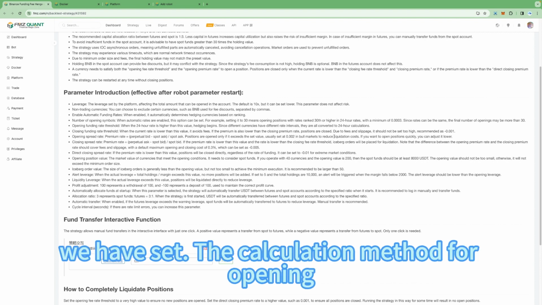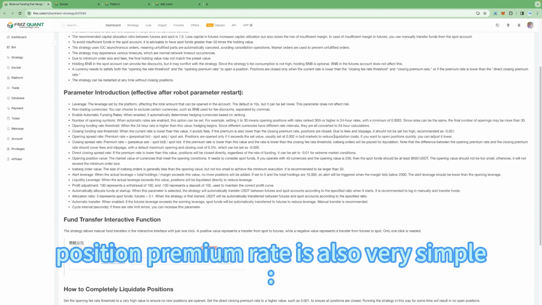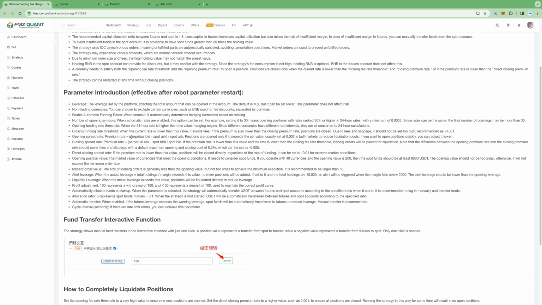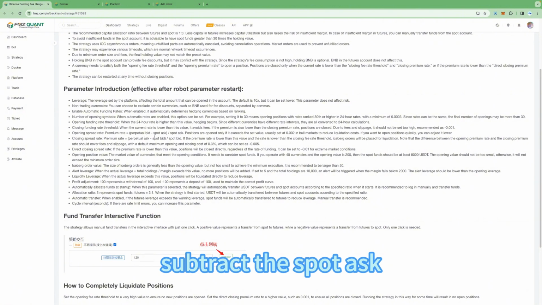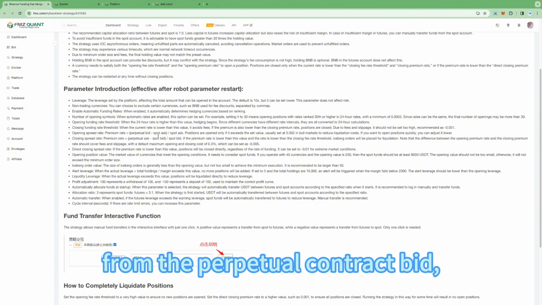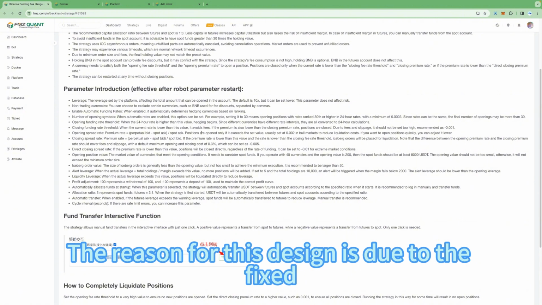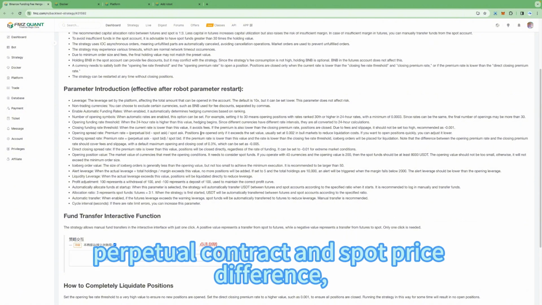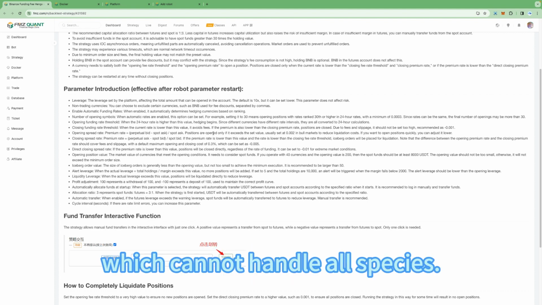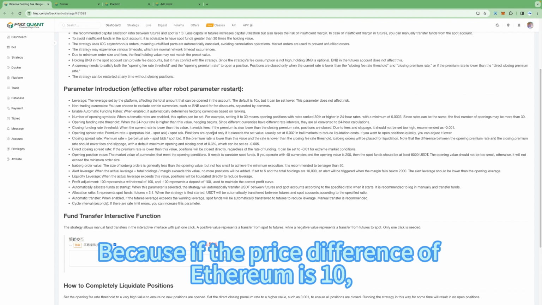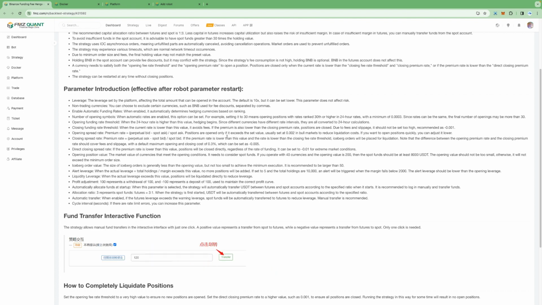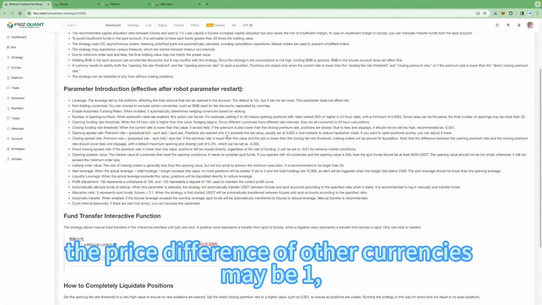The calculation method for the opening position premium rate is also very simple. Subtract the spot ask from the perpetual contract bid, and then divide it by the spot ask. The reason for this design is that a fixed perpetual contract and spot price difference cannot handle all species, because if the price difference of Ethereum is 10, the price difference of other currencies may be 1.